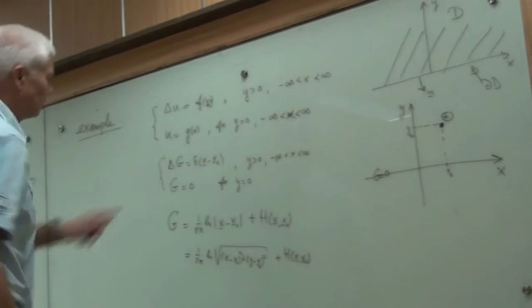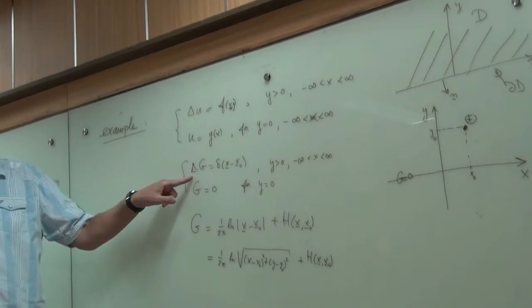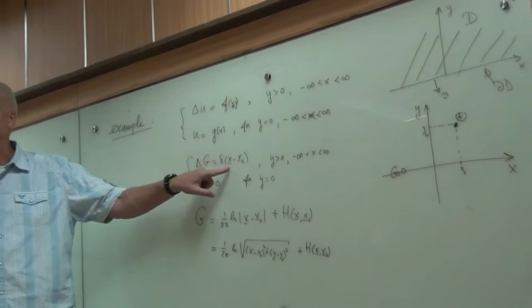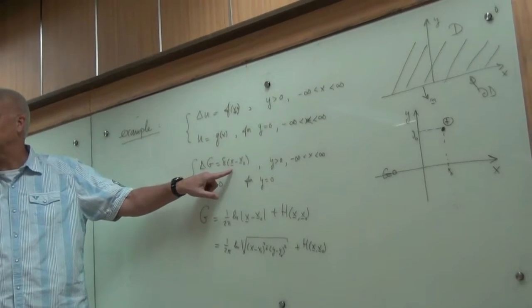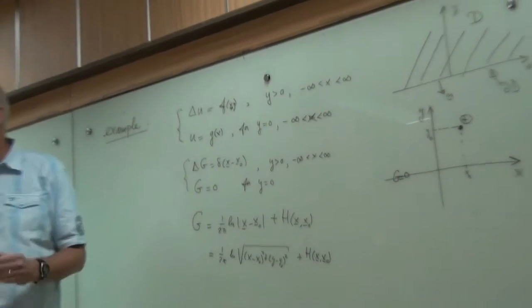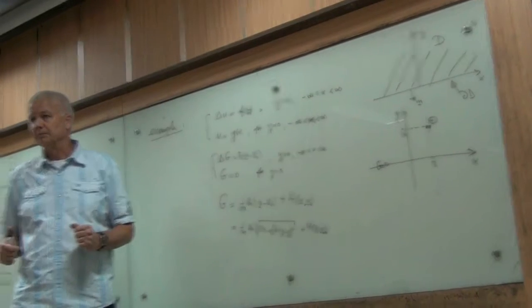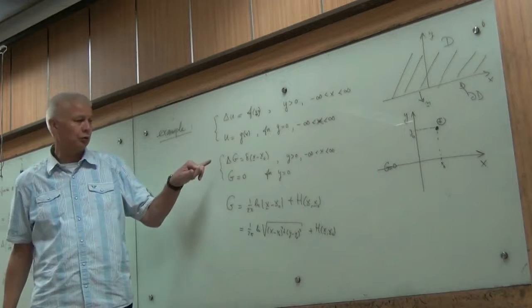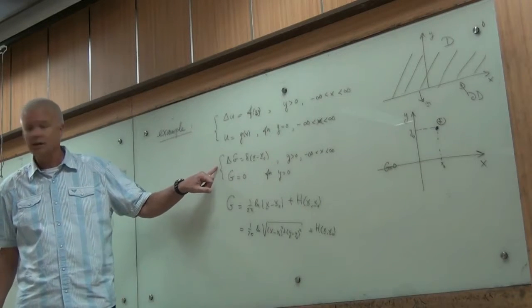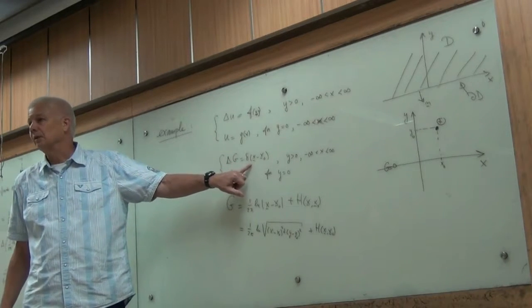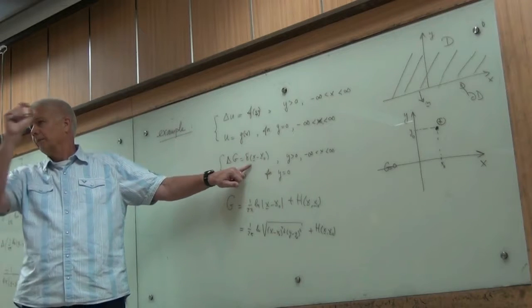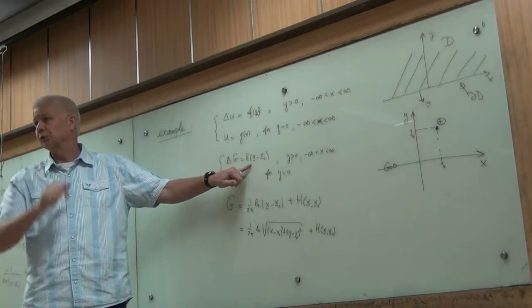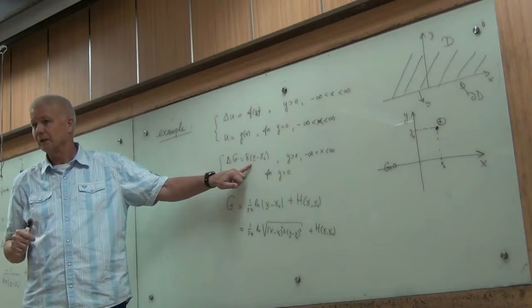Look at the physical problem. What does it mean? I have a stationary heat problem, and here I have a heat source at the point x0, which is producing heat continuously. Or in physics, this is also called the potential equation. And this delta function describes an electron or a positron.